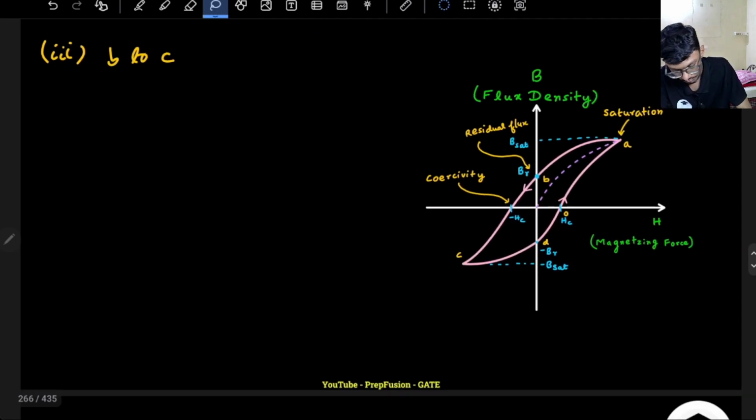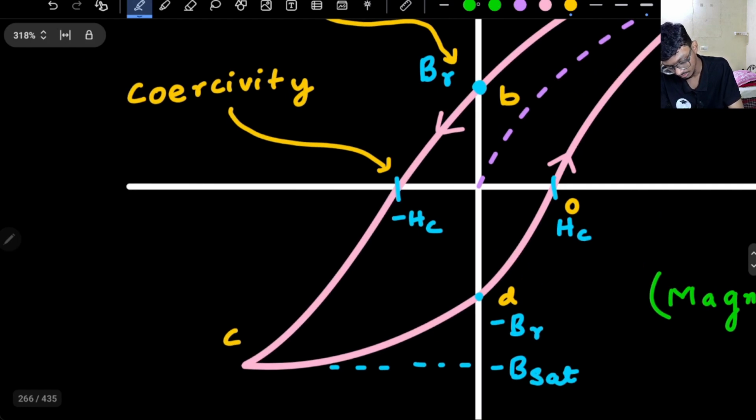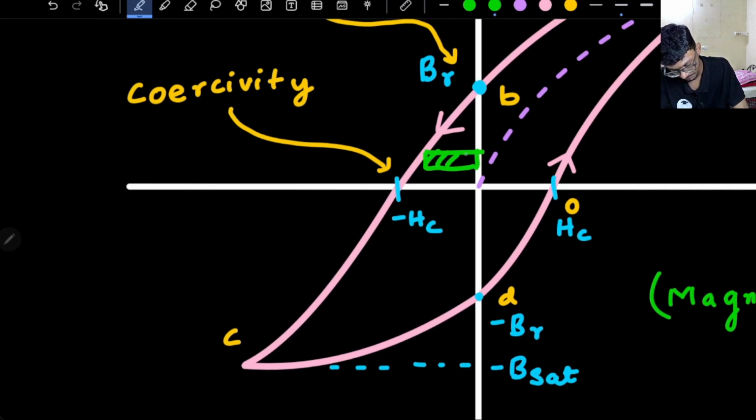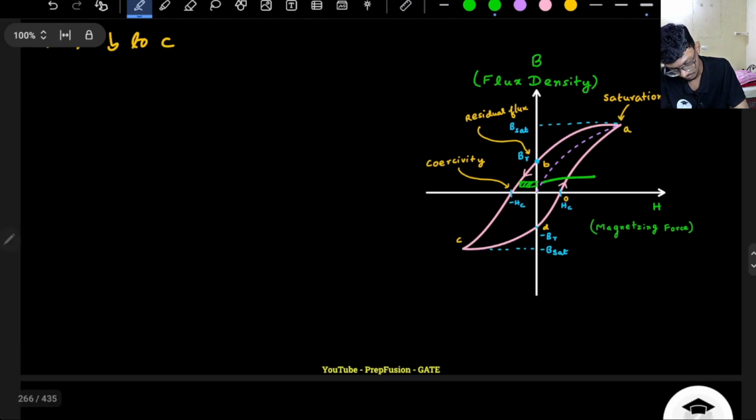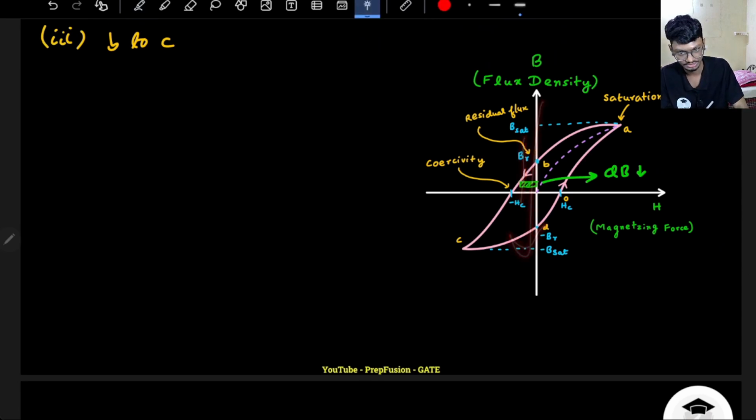So this will be from B to C. Again I will choose a rectangular strip like this, and my dB is negative because I am going from top to bottom. So B is reducing. As B is reducing, dB will be negative.